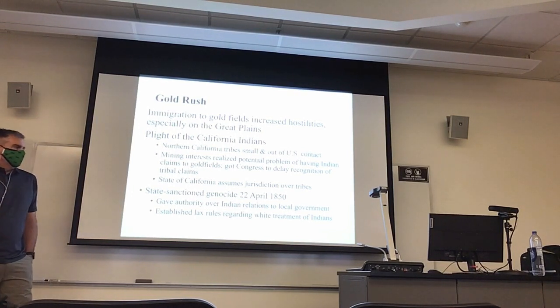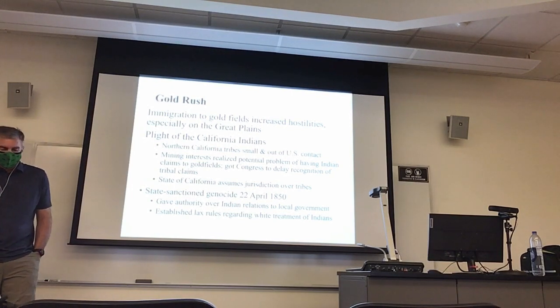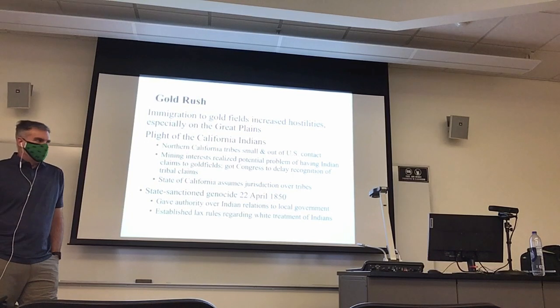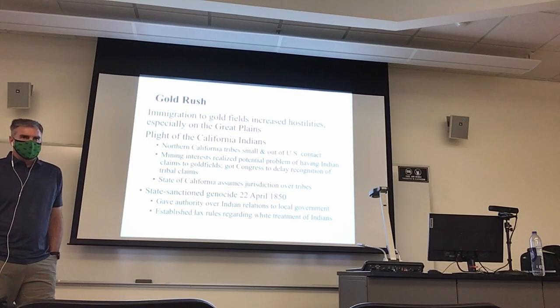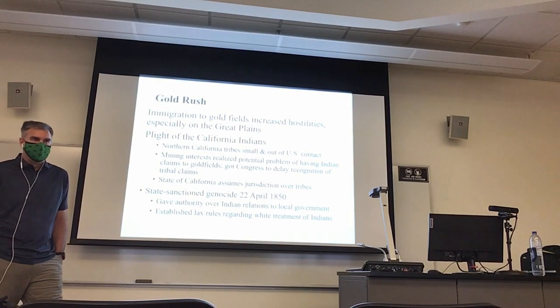The United States took over California, and only in a few places recognized the presence of land title by the Californios, and they certainly didn't recognize any title by the Indians.